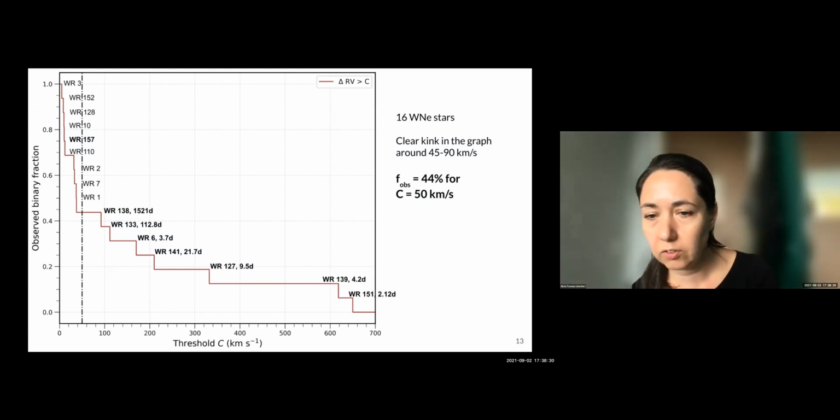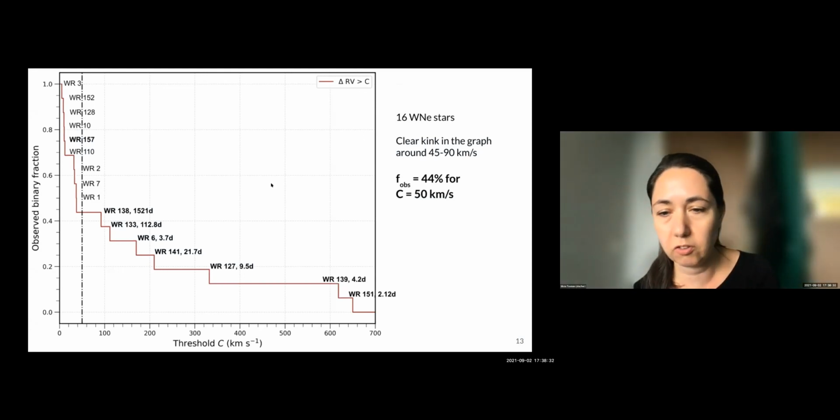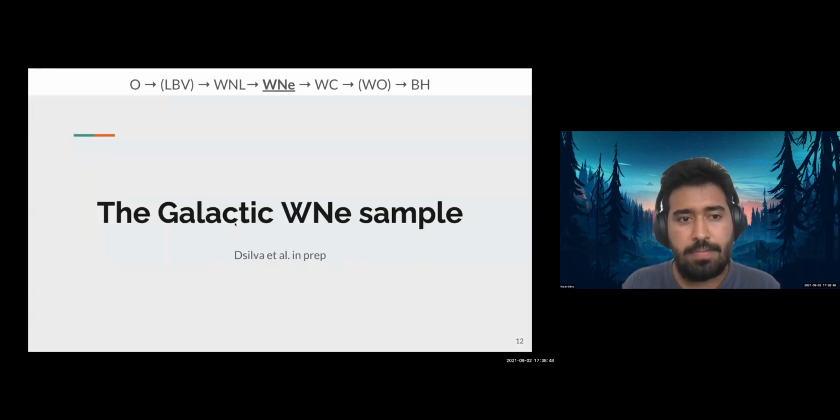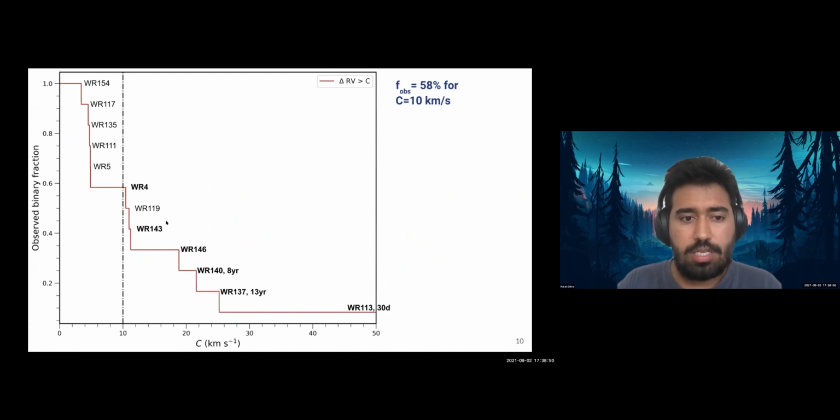I see a question from Hagai in the chat, who is asking, what companions do these stars have? The carbon-rich Wolf-Rayet stars usually have late type O stars as companions. If I go back here again, these three of them don't have confirmed periods, but they do have companions.